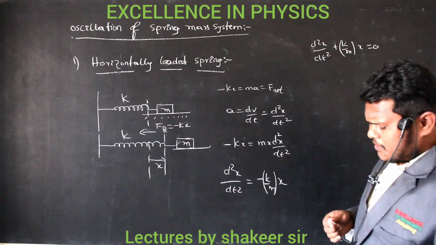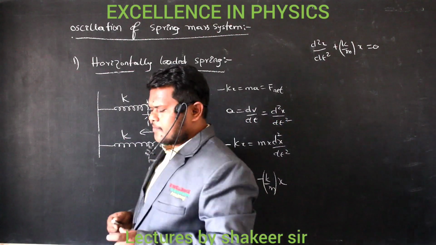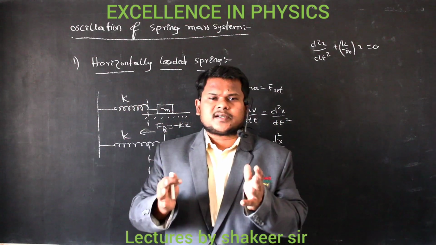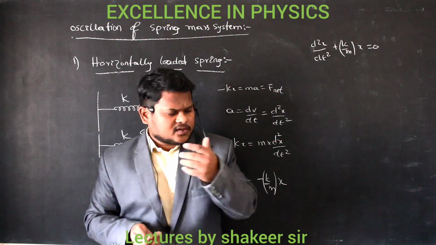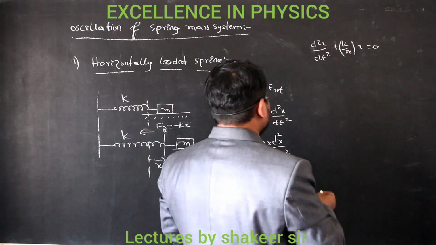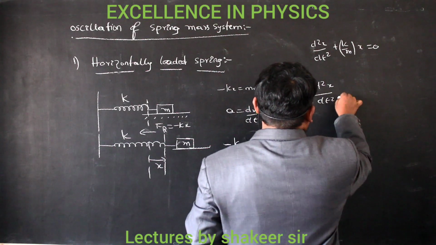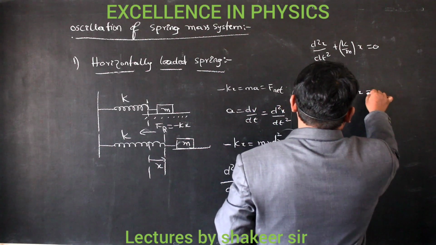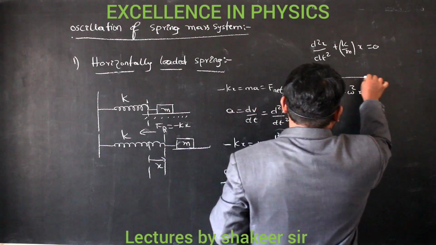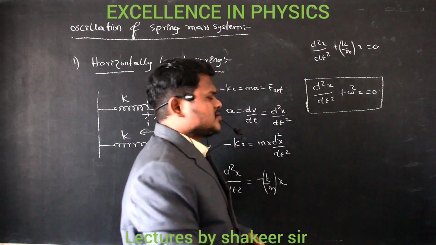Clear? Previously we derived an equation which is called the basic equation of simple harmonic motion. What was that equation? We derived d square x divided by dt square plus omega square x is equal to 0. We have done some problems based on this relation also.